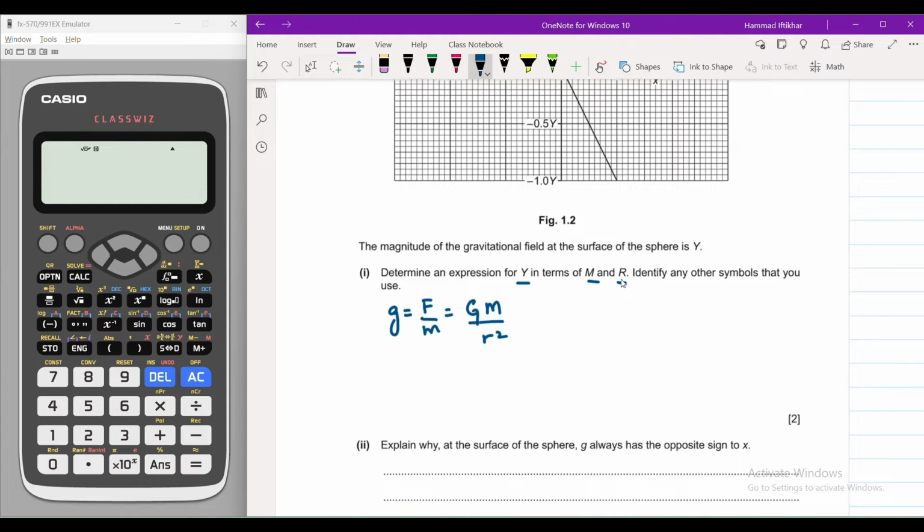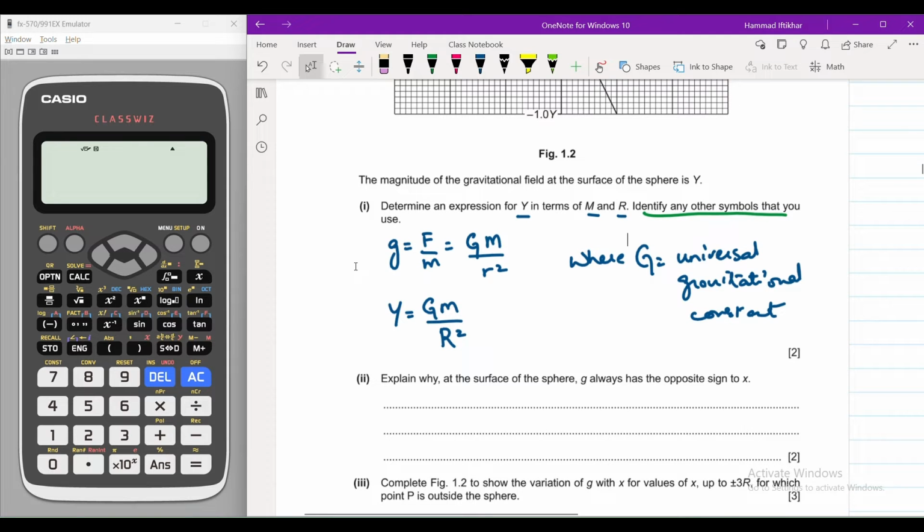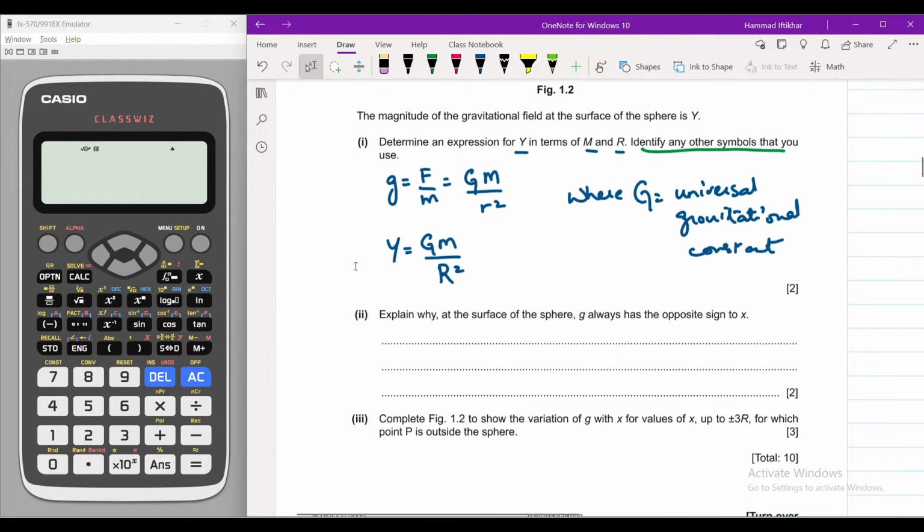Since we need y at the radius r, y equals GM over r squared, where G is the universal gravitational constant. This is very important because they have said to identify any other symbols that you use. So it's a good habit to state the meaning of any symbols that we use in our answers.